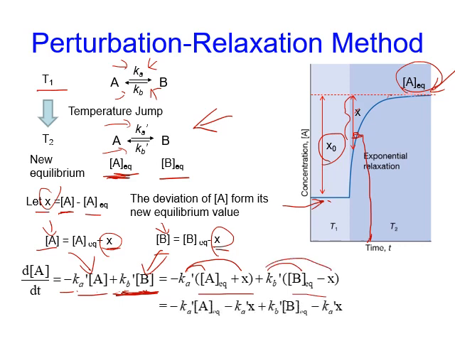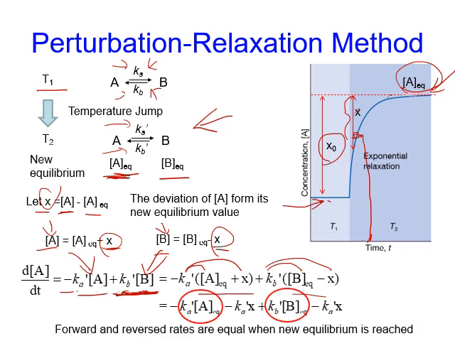Now note that in this equation, Ka prime times A at equilibrium is just the forward reaction rate at the new equilibrium. And Kb prime, the reverse rate constant, times B at equilibrium, is the reverse reaction rate at equilibrium.